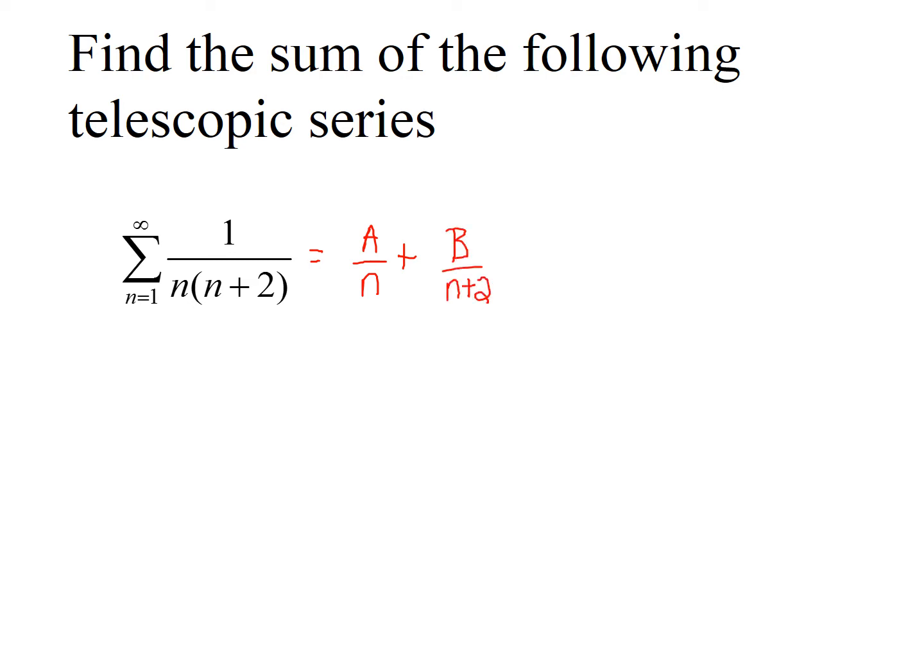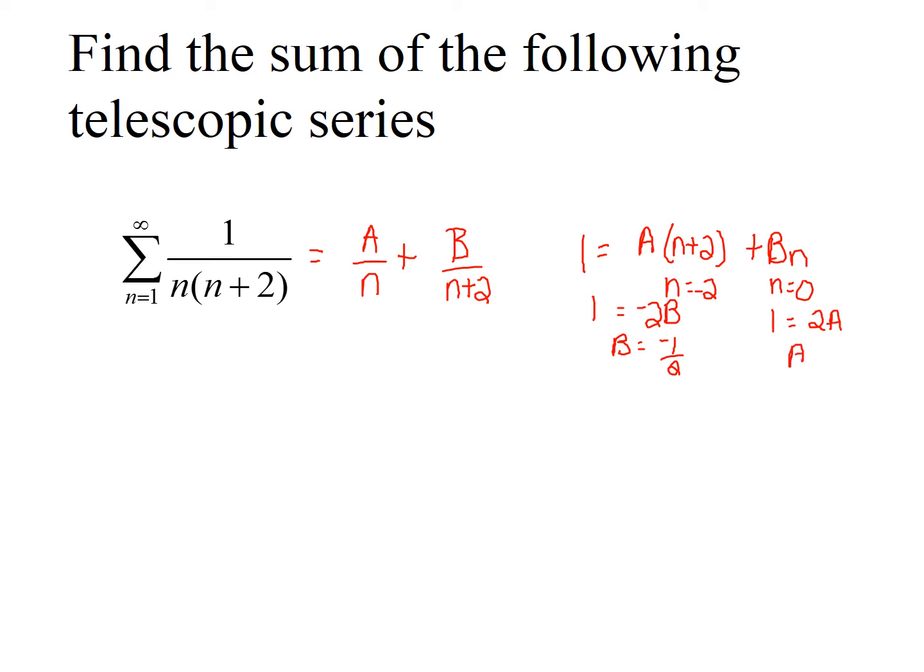So I'm going to use partial fractions to rewrite this. So then I get 1 is equal to a times n plus 2 plus b times n. Then if I let n equal negative 2, I get 1 is equal to negative 2b, and b is equal to negative 1/2. If I let n equal 0, I get 1 is equal to 2a.